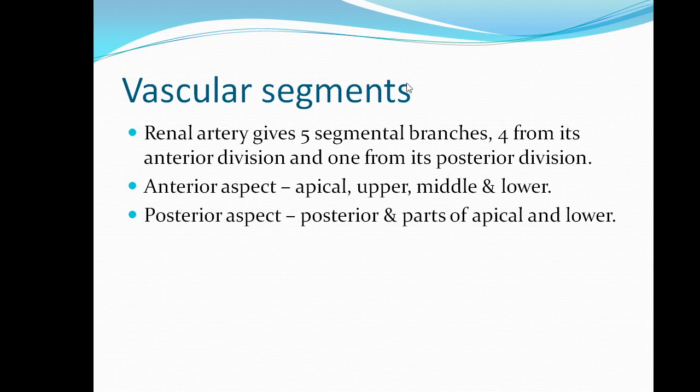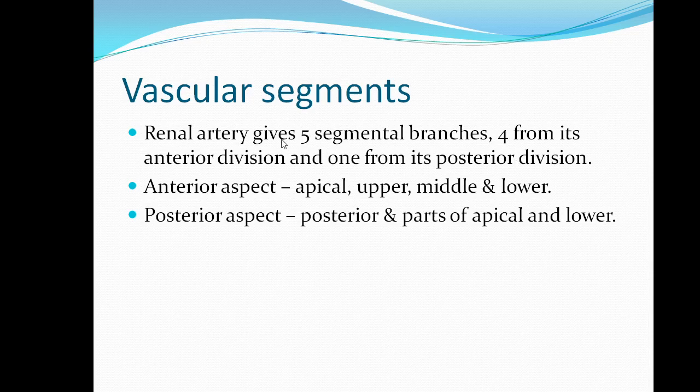The vascular segments of the kidney. The renal artery divides into an anterior and a posterior division. The anterior division gives four segmental branches, while the posterior division gives one segmental branch.